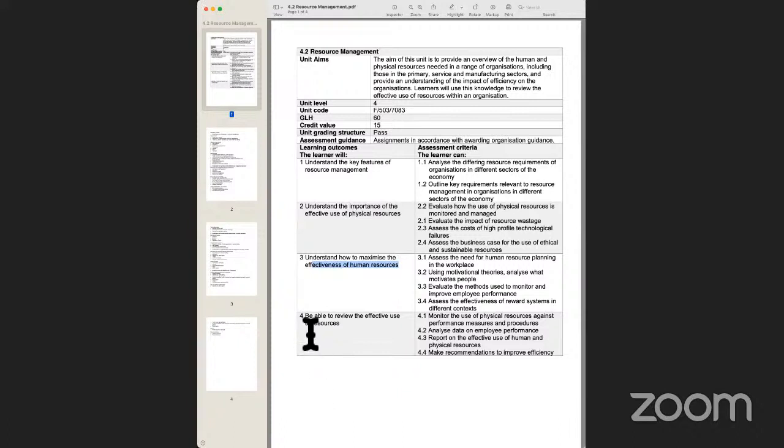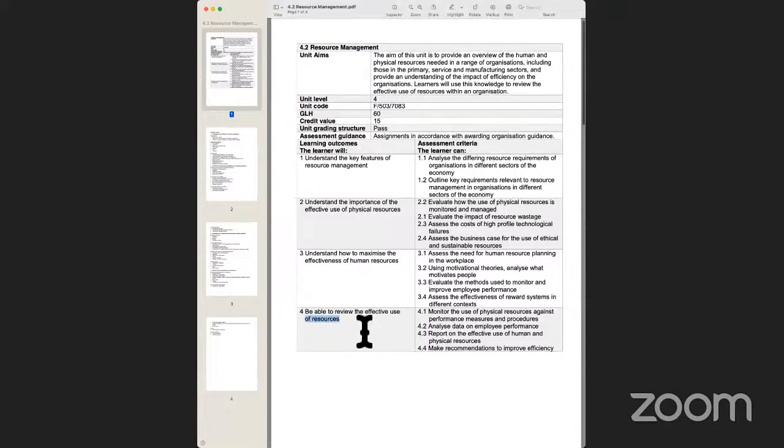Towards the end, we are going to look at how we maximize efficiency, productivity, and performance, and how we monitor, evaluate, and manage this for human resources. We are not studying this unit from a point of view of social sciences, but from a point of view of healthcare or business.